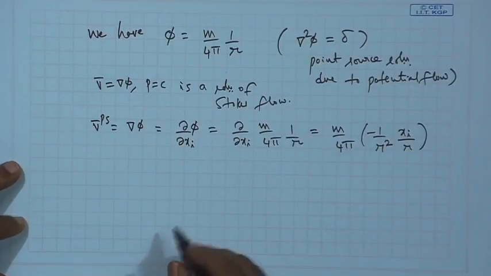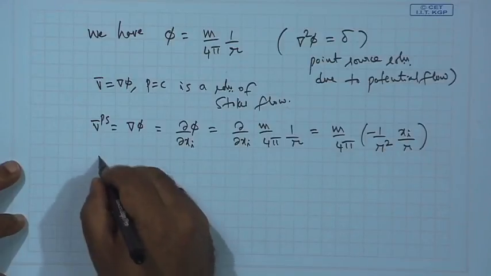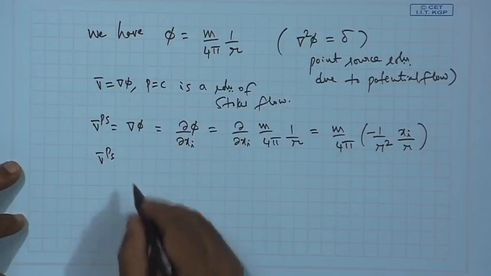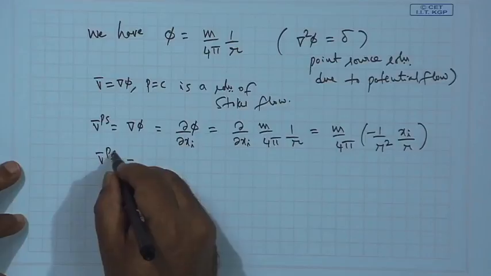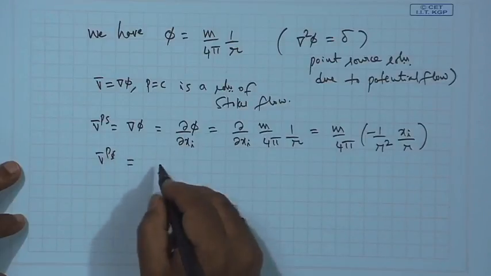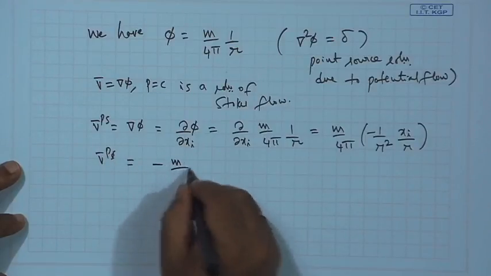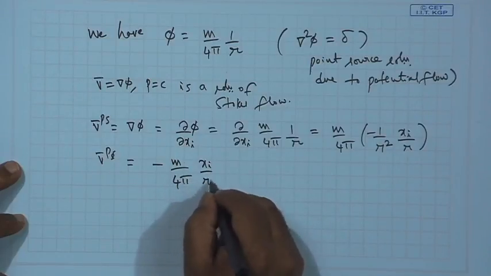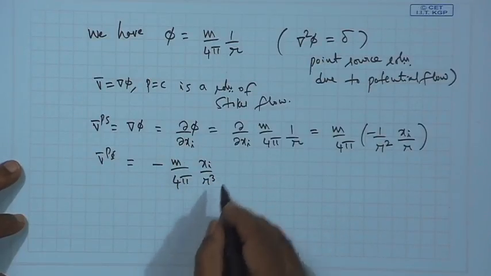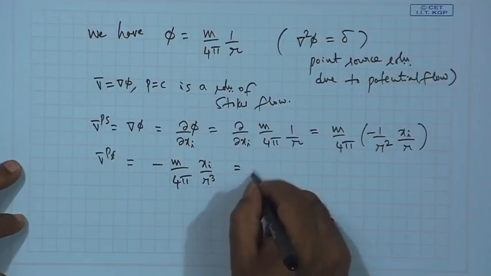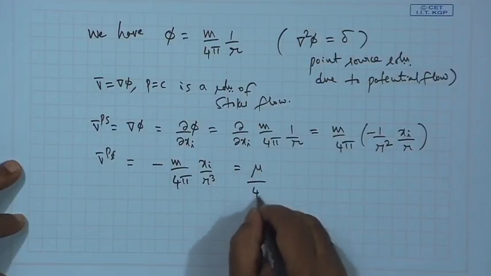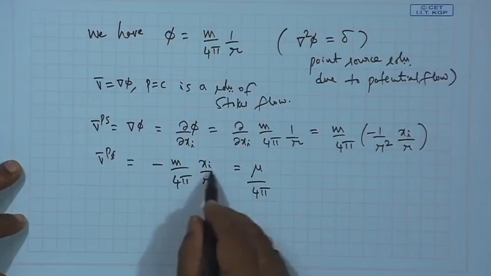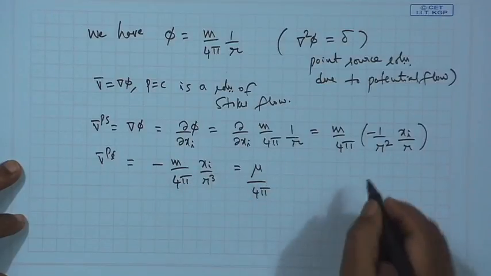So, the corresponding velocity due to the potential is given by x i over r cube. I have written it by opening up and completing the summation.